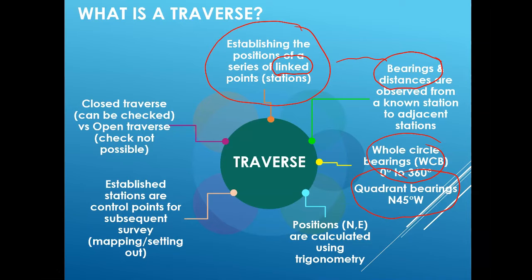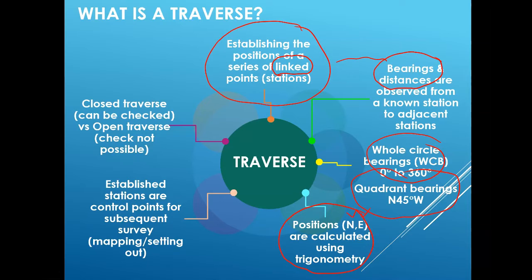Having gotten the bearing and distances of these points, what we'll get at the end will be positions. And how do we get the positions? In this case, I've written down northing and easting, which basically means y and x. We'll get into that later.